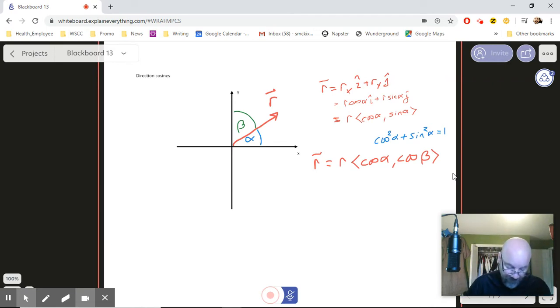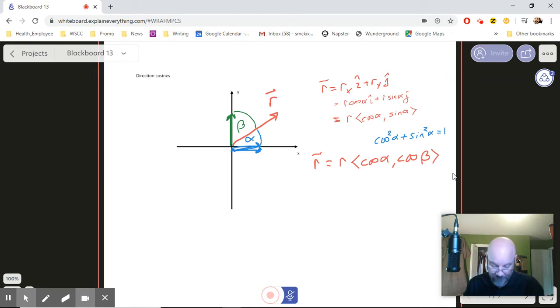One way to think that through is that cosine always has to do with the adjacent side. And so if we go with cosine, that's going to be this right here. And for my alpha, it's going to be that right there. So I've got my Rx and I've got my Ry with those two lengths right there. So that's one way to think about it.